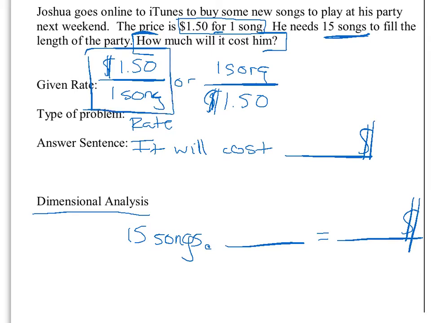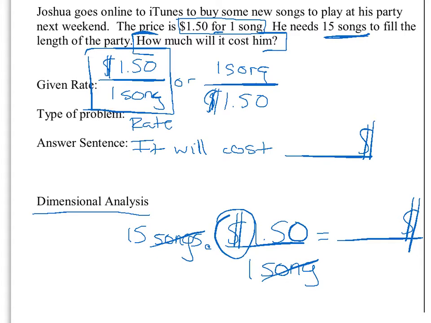If I put $1.50 over one song in this blank right here, I'm going to be able to cancel out songs with songs, just like we would anything else, leaving me with my units to be dollars. And so what that tells me is I need to multiply the 15 times the $1.50. And that's going to leave me with my units dollars.